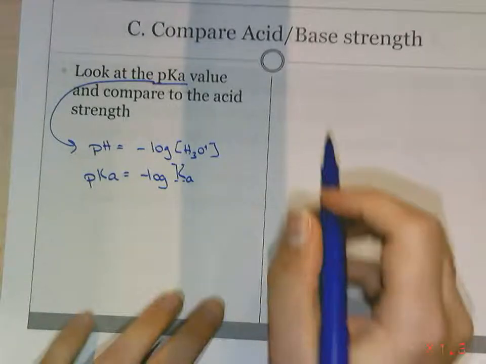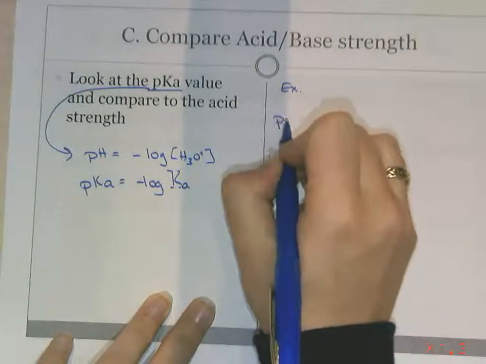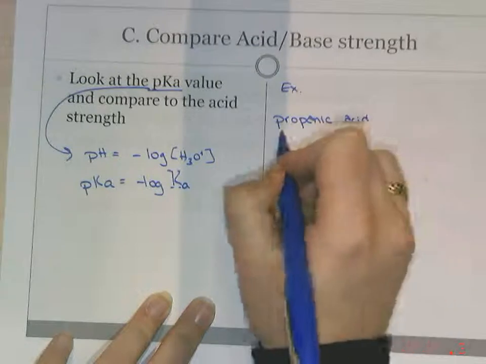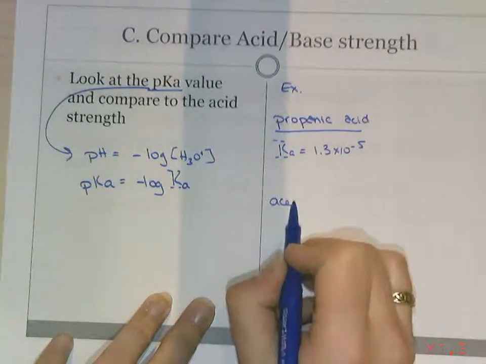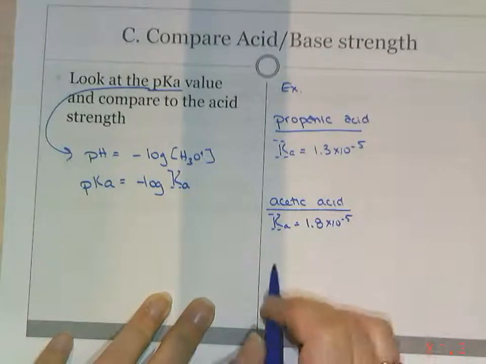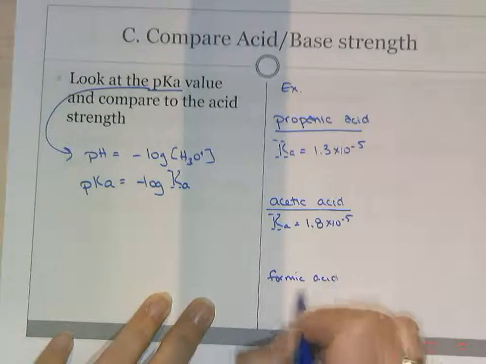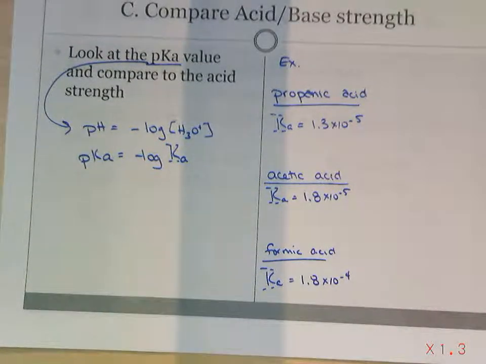So, for example, let's say I have these three weak acids, all of which are in the same approximate range of acid equilibrium constant.